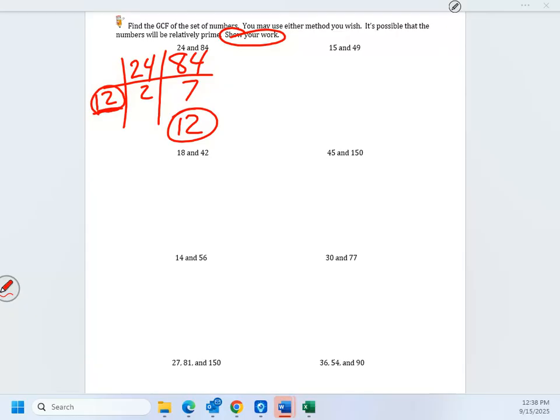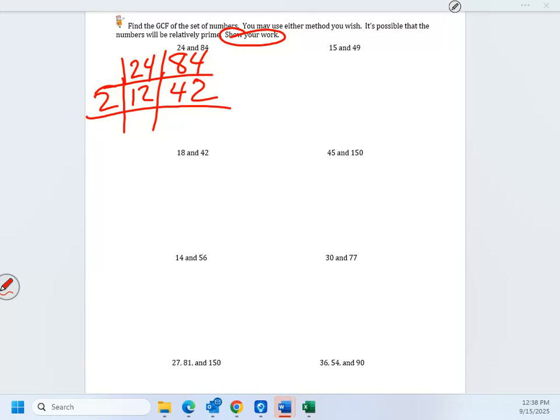Some of us might have said, oh, but I put 2, because I know 24 and 84 are both even numbers. 24 divided by 2, if we had done that, would be 12. 84 divided by 2 would be 42.